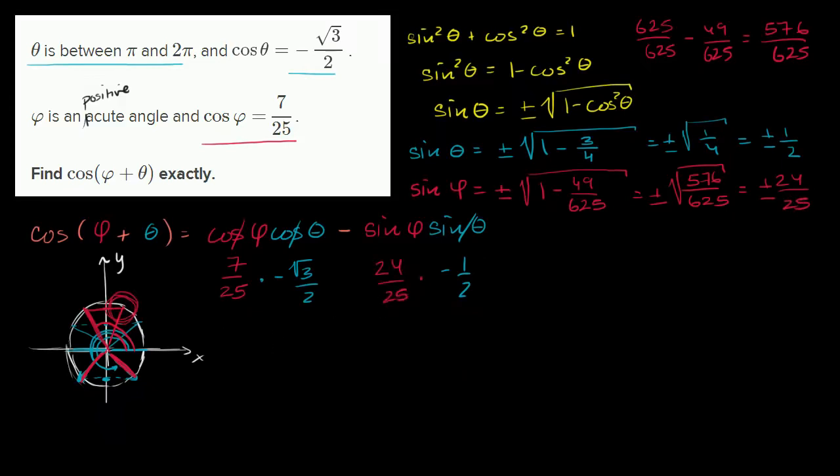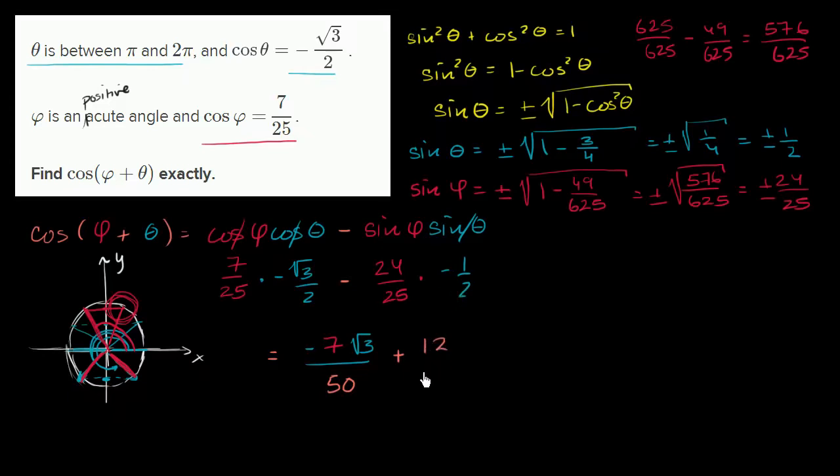And now we just have to multiply the numbers and then do the subtraction. So this is going to be equal to 7 25ths. Let me just write it down. So this is going to be equal to negative 7 square roots of 3 over 25 times 2 is 50 over 50 minus, but then we're going to have a negative out here, so we can say plus, negative times negative is positive, and then 24 over 25 times 1/2 is 12 over 25.